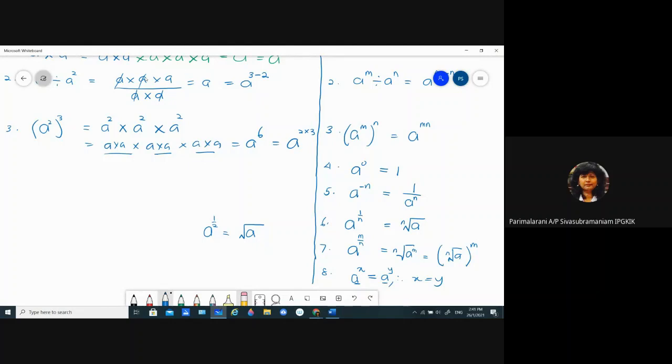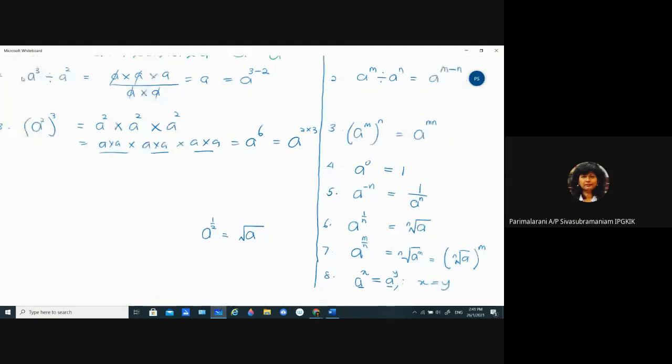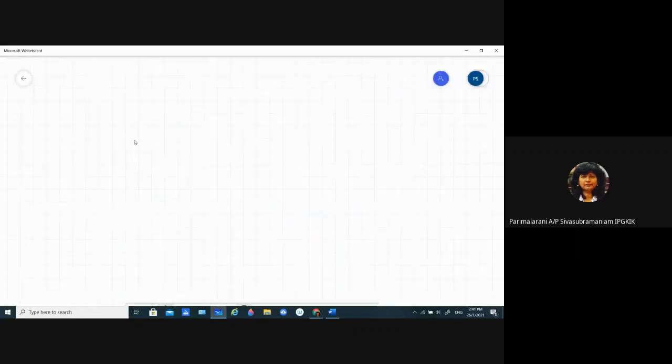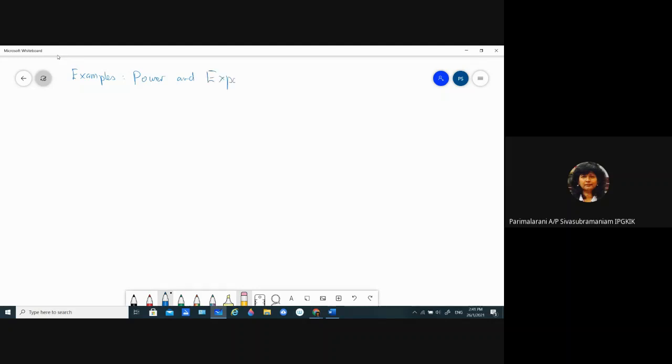Okay, let's look at some calculations, some examples. Examples for powers and exponents. Example 1.